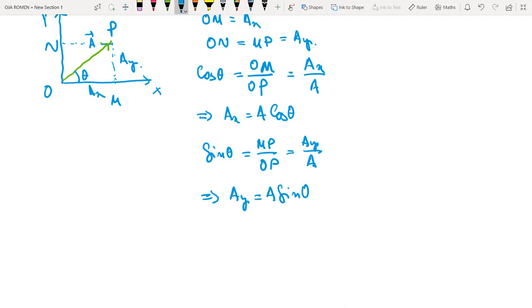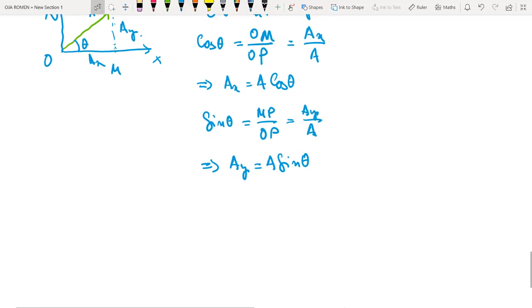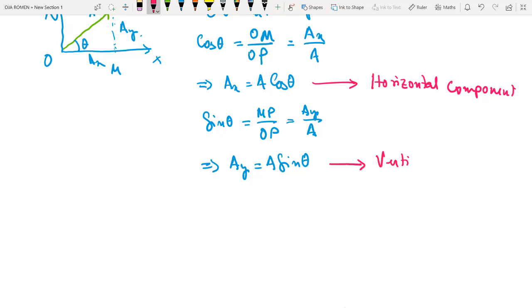So this is known as the horizontal component, and this is known as the vertical component.